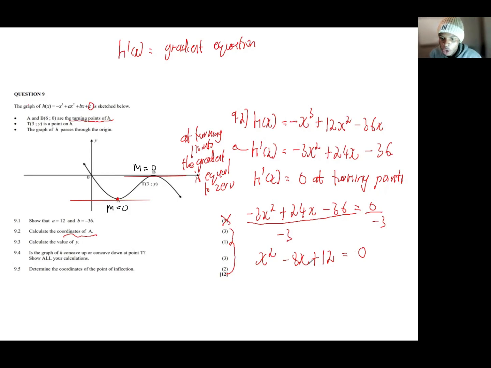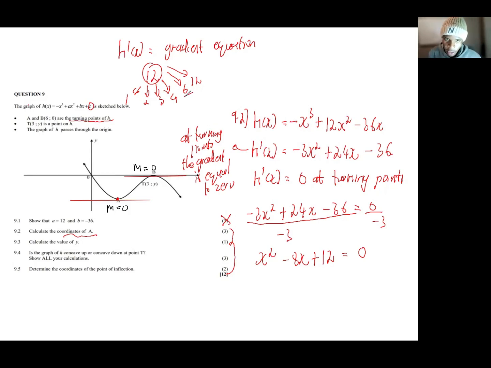Now at this point, we want to factorize. So what are the factors of 12? Factors of 12 are 1, 2, 3, 4, 6, and 12. What are two factors of 12 that when we multiply them give us 12, but when we add them give us 8?